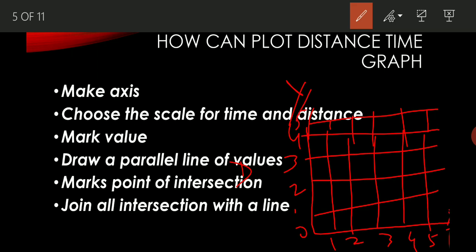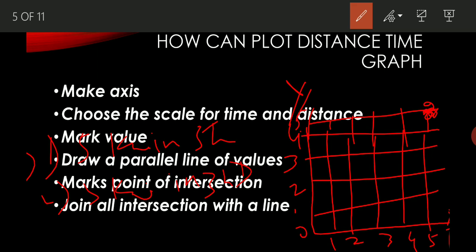First of all, I had told you, suppose that two values are given here. The first one is a vehicle travels 5 kilometers in 5 hours and then it travels 3 kilometers in 3 hours. Clear? So you just mark the value 5 kilometers in 5 hours, it will be here.